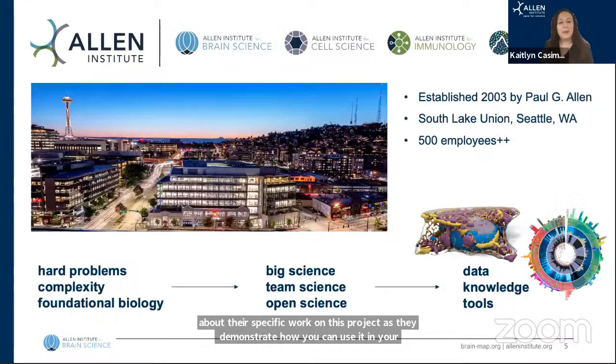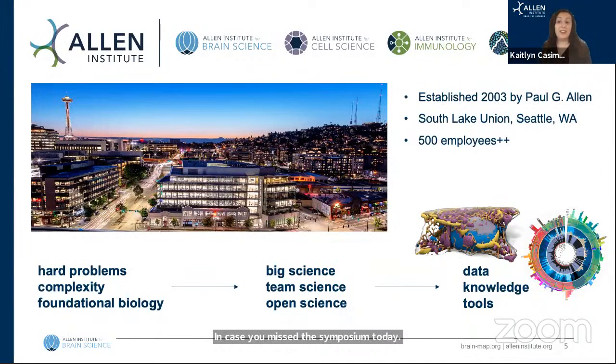In case you missed the symposium today, the Allen Institute is a biological sciences nonprofit located in Seattle with focused research areas not only in neuroscience, but also in cell biology and immunology. We also support cutting-edge research across the world with the Paul G. Allen Frontiers Group. Across the institutes, our scientific process is focused on tackling complex, broad, and hard problems in the fundamental biological sciences.